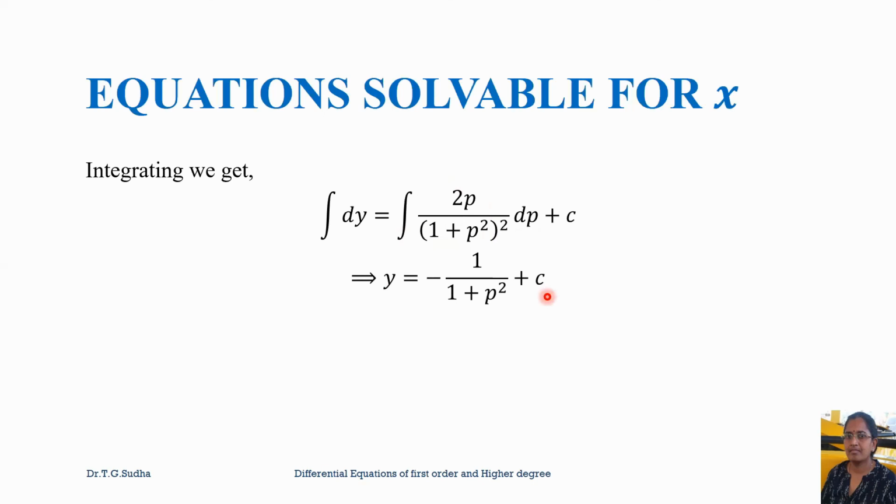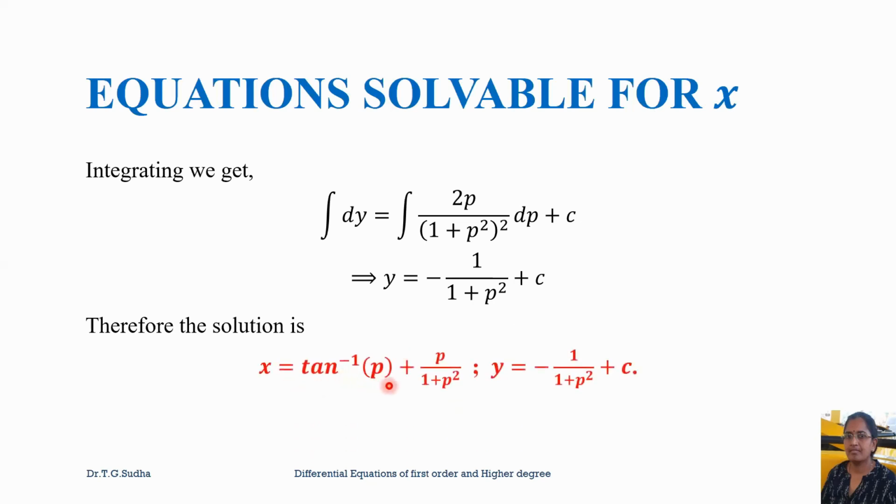Now let us eliminate p between the solution equation and the given equation, or else both the equations put together constitute the complete solution. Therefore, the solution is x is equal to tan inverse p plus p by 1 plus p square. This is the given equation and the solution obtained is y is equal to minus 1 over 1 plus p square plus c. Both these equations represent the complete solution of the given differential equation.